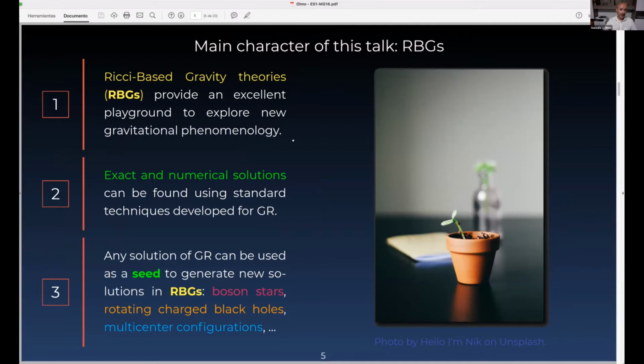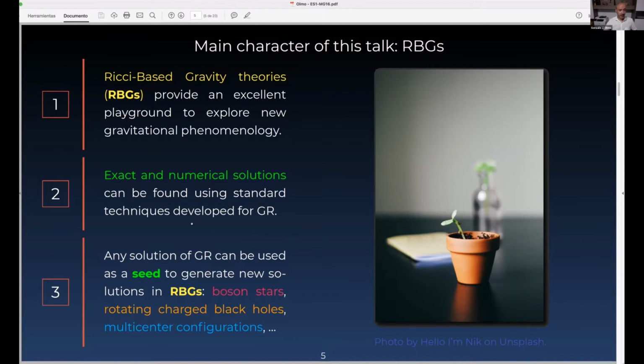These theories provide a very useful scenario to explore new gravitational phenomenology, mainly because we can find exact and numerical solutions, at least as many as in general relativity.